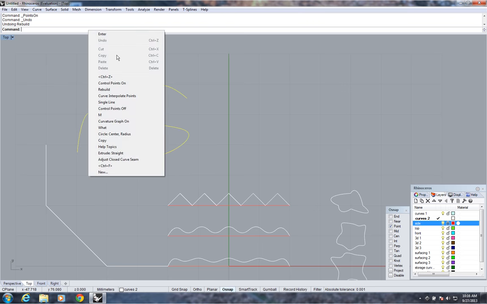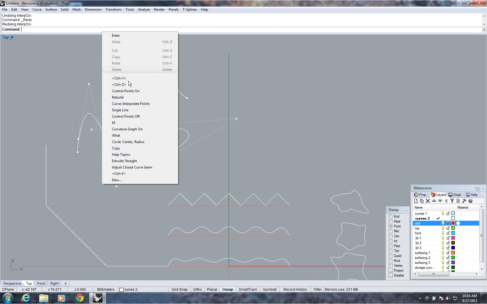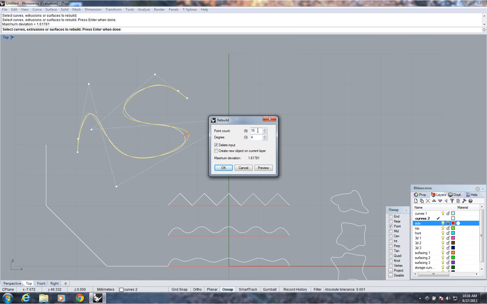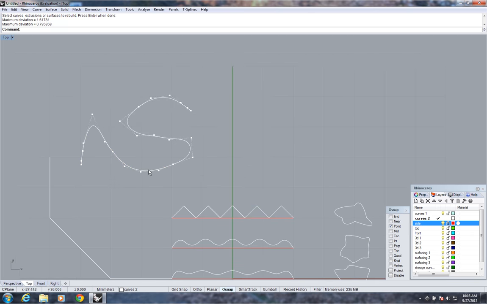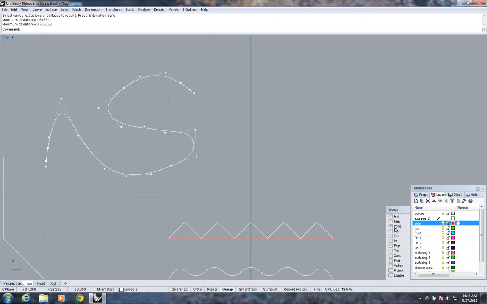I'm going to rebuild it even higher. By the way, that's how it looked the way Rhino built it with so few control points. I'm going to take this up to 23. There we go.